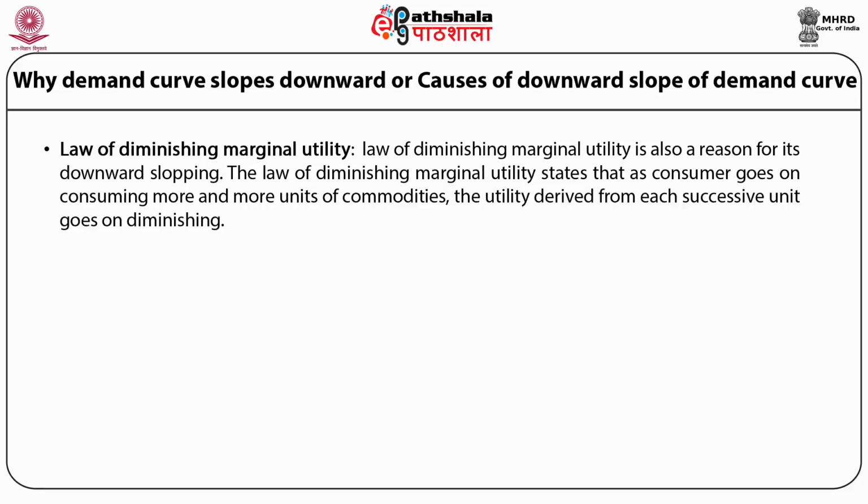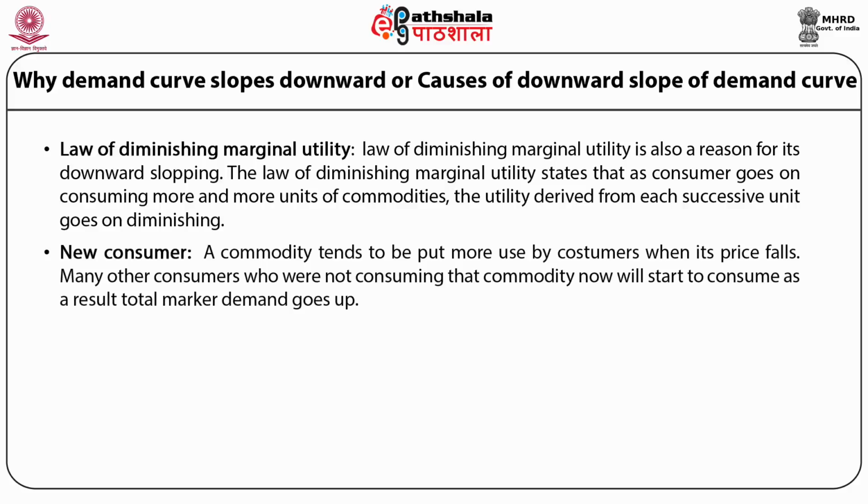It means the consumer is in equilibrium when the marginal utility of the commodity is equal to its price. It means as the price of the commodity falls, the consumer purchases more of the commodity so that his marginal utility from the commodity falls to be equal to the reduced price, and vice versa.